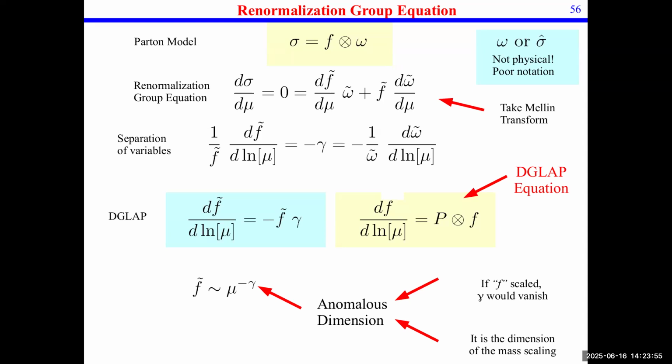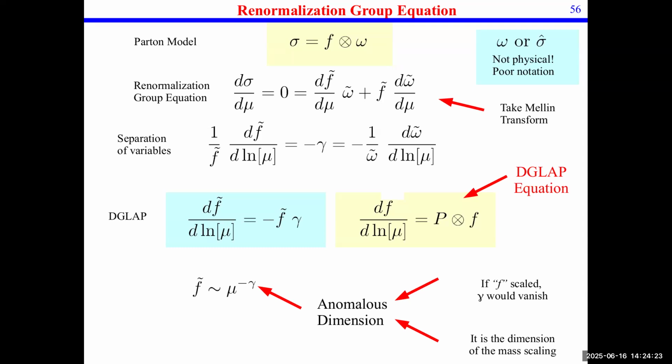I'm just going to apply the chain rule and have dF over F, d omega over omega, and then I put all the F stuff on one side, all the omega stuff on the other side. And in your math class, when you saw that before, you said, gee, what I did there is I separated variables. How can it be that this mu dependence equals this mu dependence? The only way I can think of is you set them both equal to some constant. I'll call it gamma. Okay.